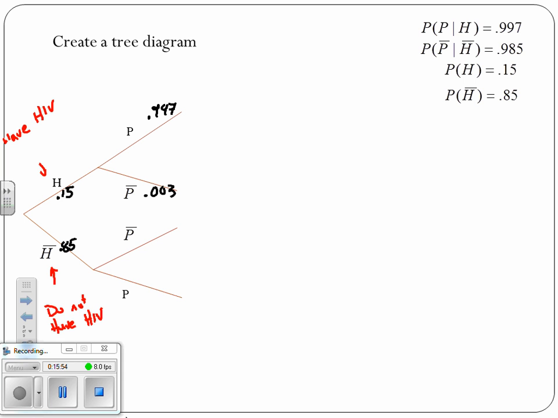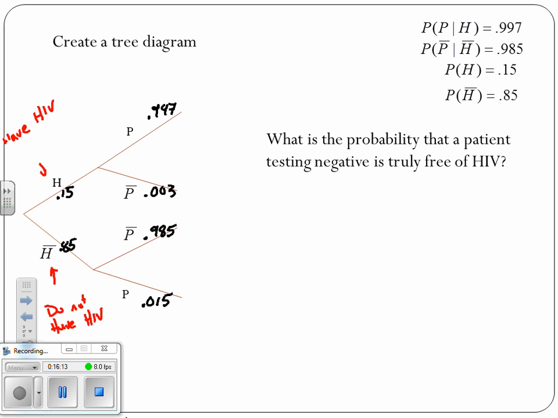If they don't have it, the probability that they test negative is 0.985, which means there is a small group of people out there, this 1.5%, that do not have HIV that test positive. We'd call that a false positive. So the question that we're being asked: what's the probability that a patient tests negative that they are in fact truly free of HIV?